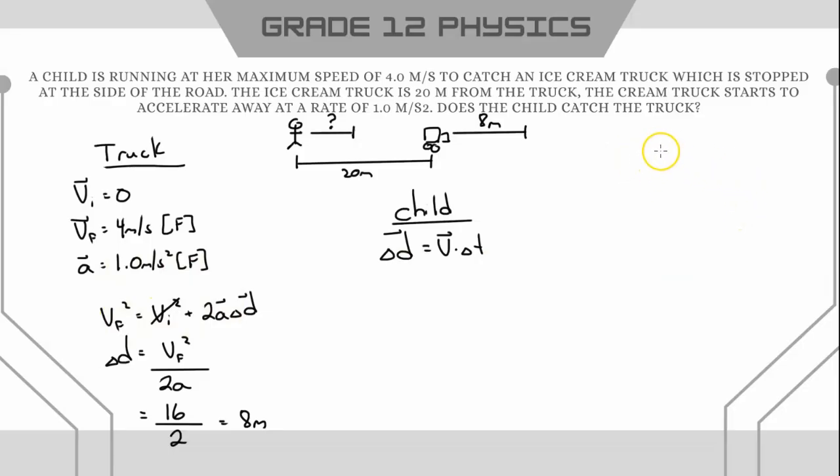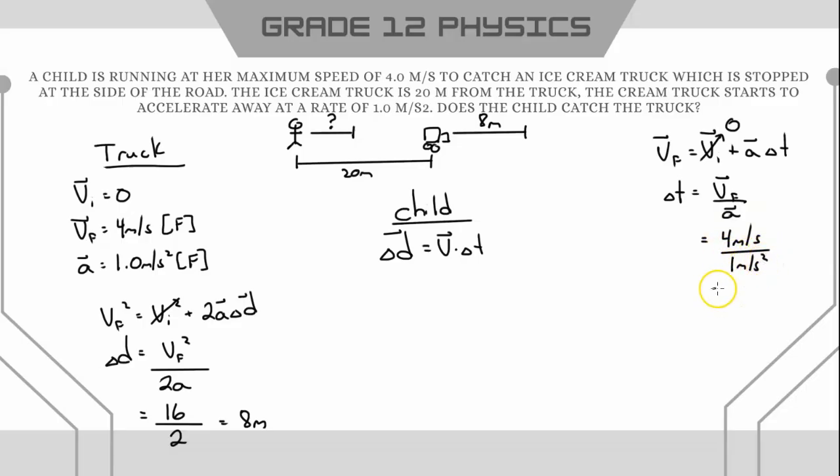So we're going to use this equation where final velocity equals initial velocity plus acceleration times time. Where initial velocity is 0, so time will simply be final velocity over acceleration, where final velocity is 4 meters per second, and acceleration is 1 meter per second squared. So there we get our 4 seconds.